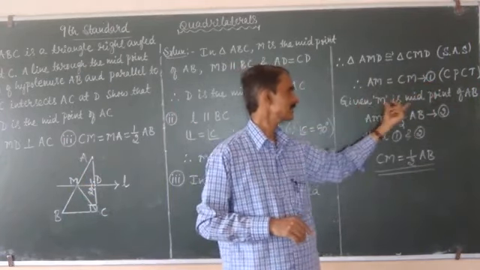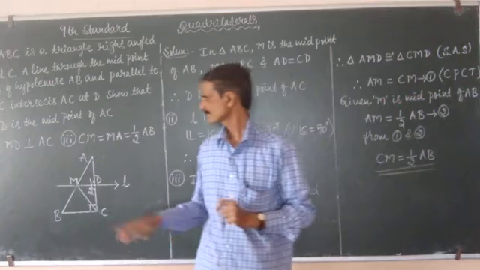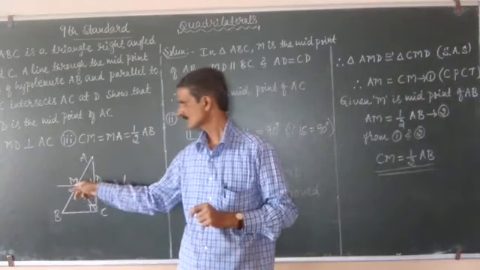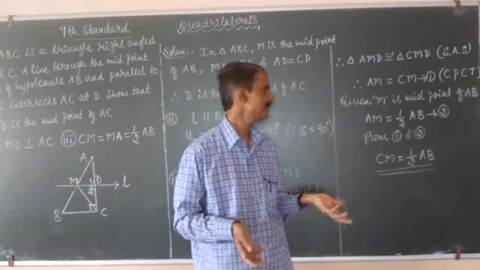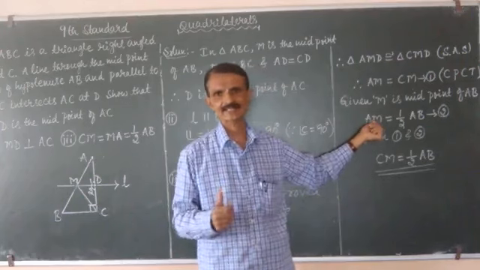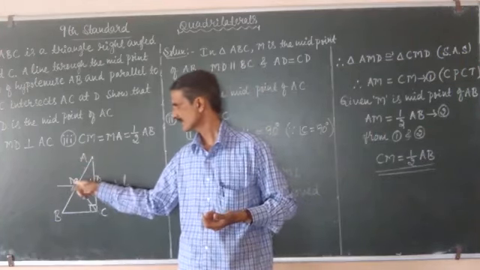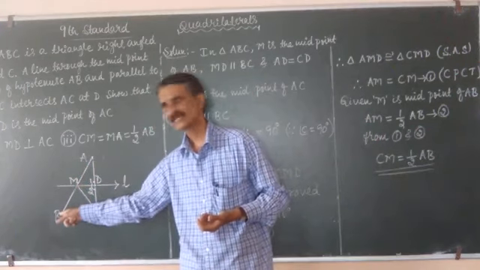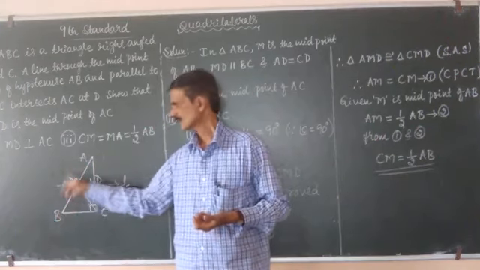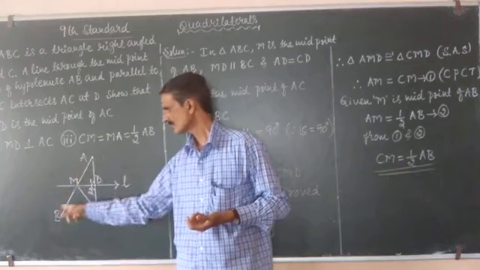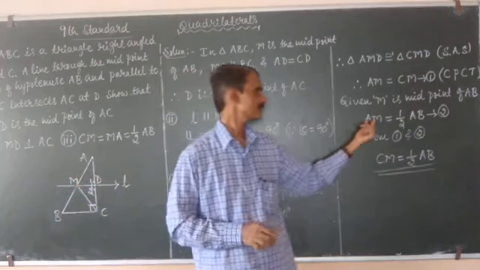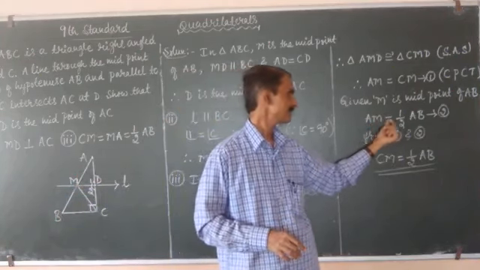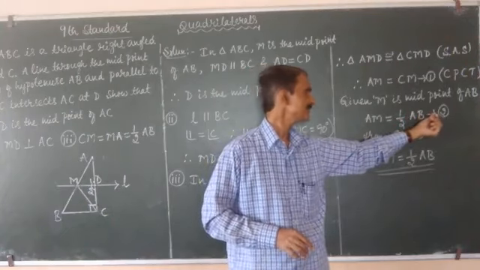Given that M is the midpoint of AB, AM is always half of the line segment AB. Therefore, we can write AM is equal to half of AB, equation 2.